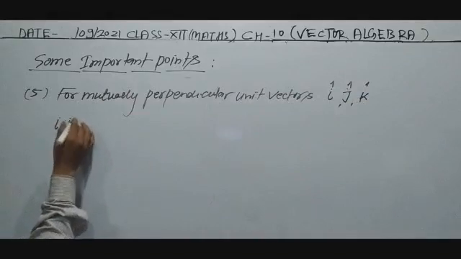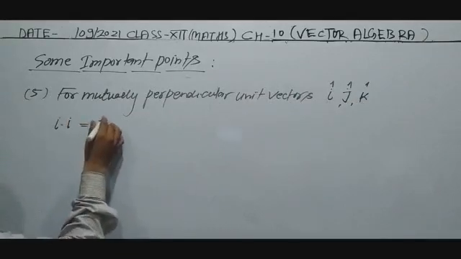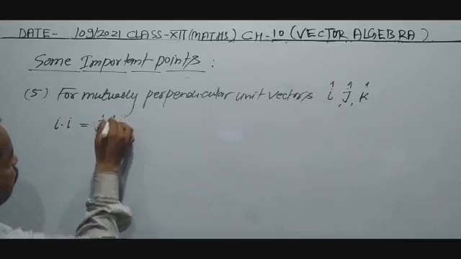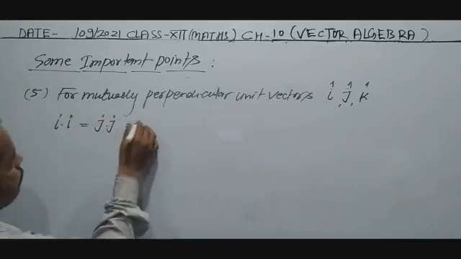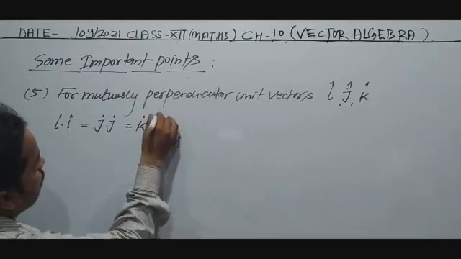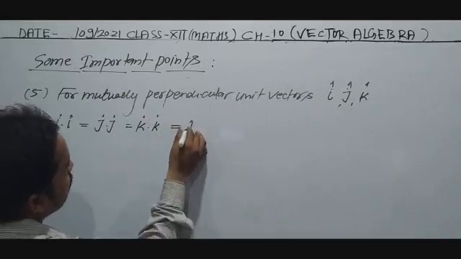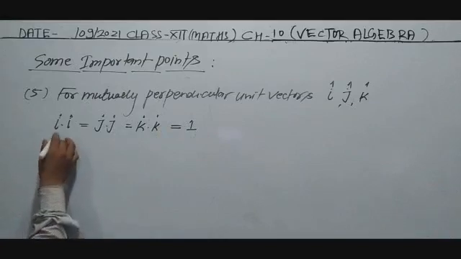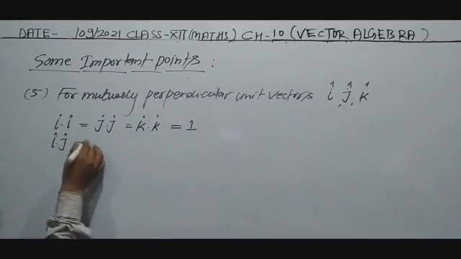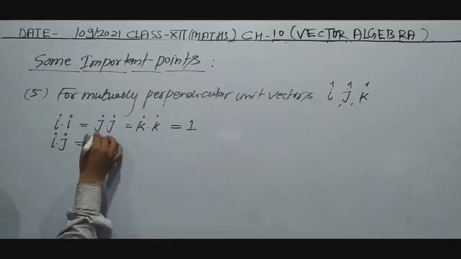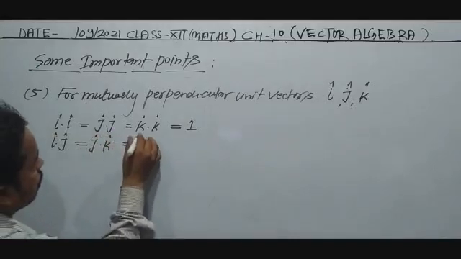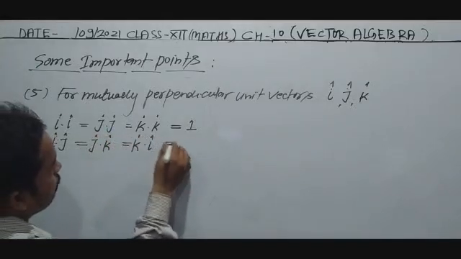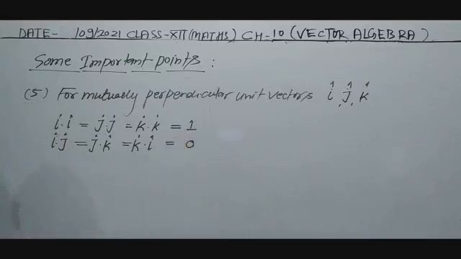So i dot i, j dot j and k dot k, results are always equal to 1. Now i dot j, j dot k, k dot i unit vectors, its result is 0. So this is for perpendicular vectors.